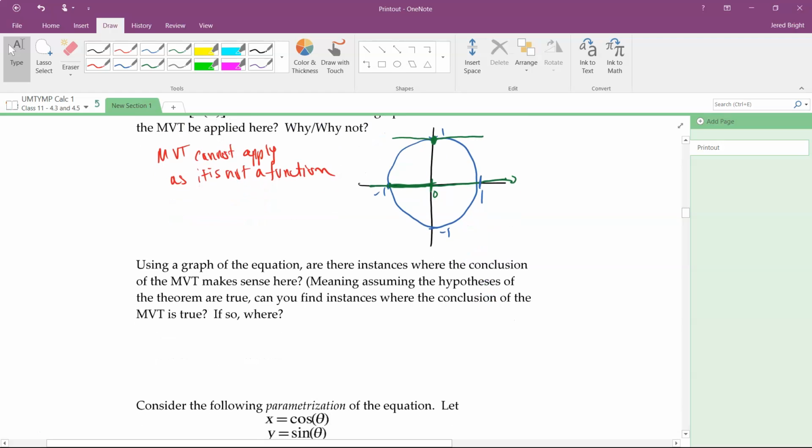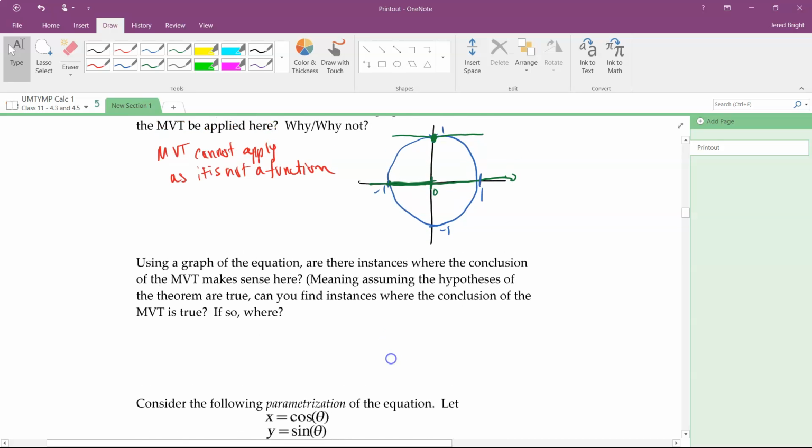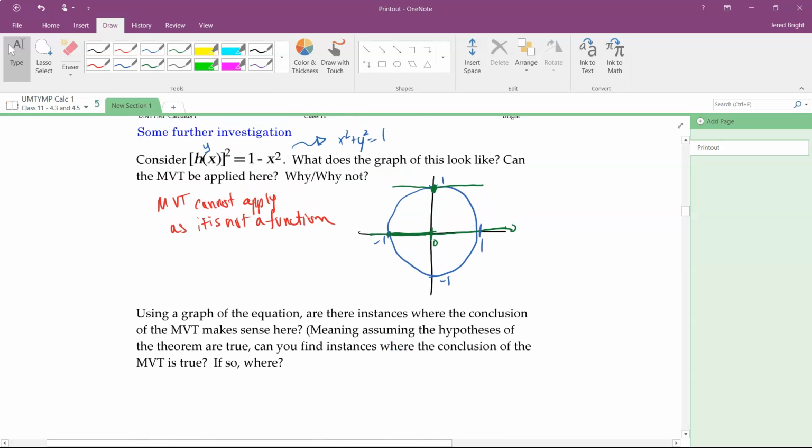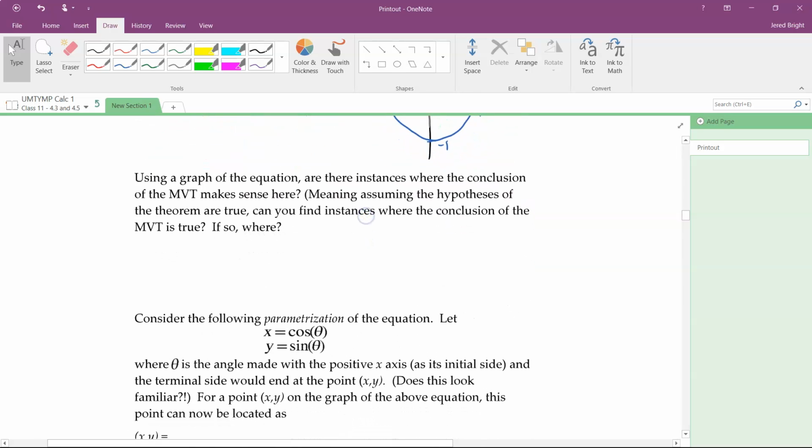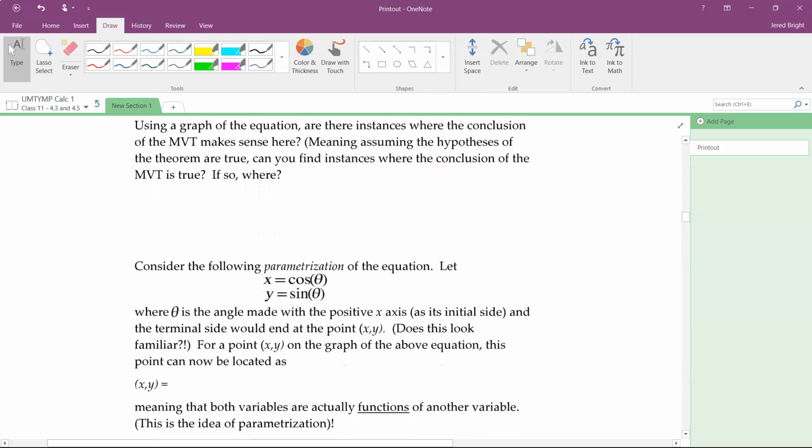Then we're going to think a little differently. Maybe I can parameterize things, and maybe that'll be useful. When we introduce parameters, the idea is we're just going to represent each of the coordinates in terms of another variable.